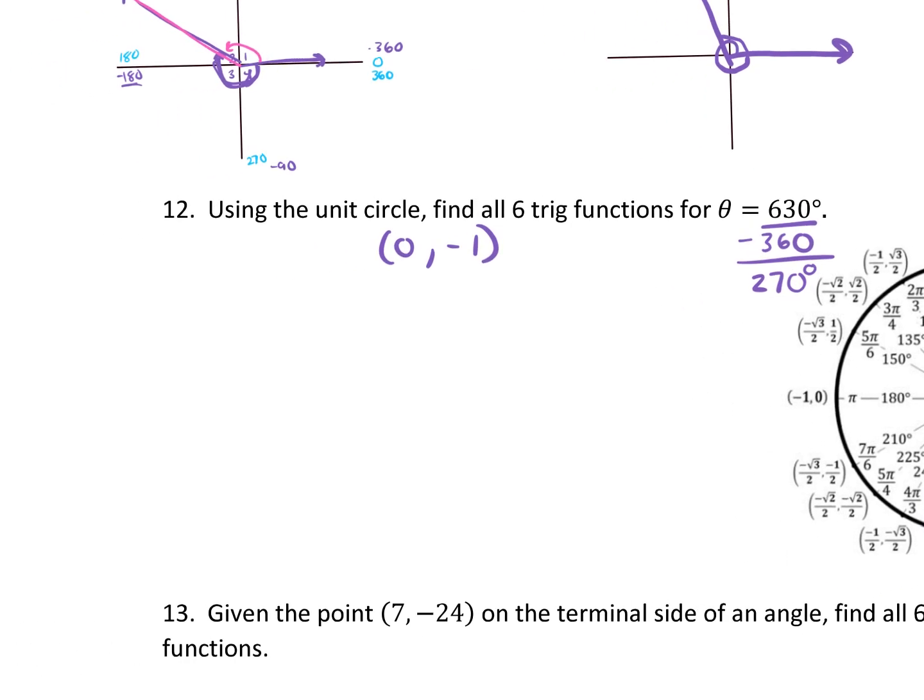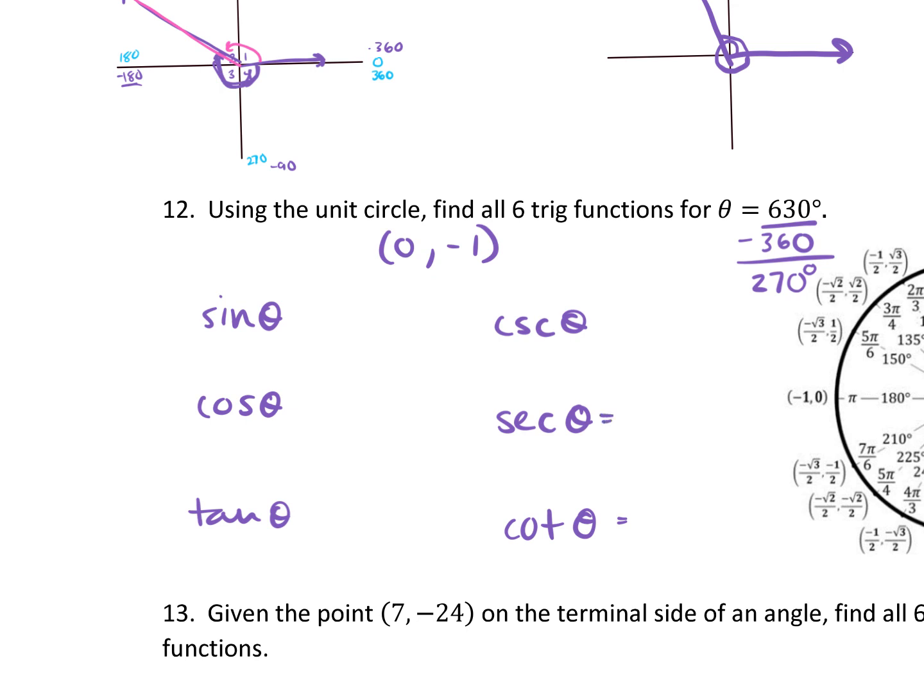So let's write our 6 trig functions. We have sine, cosine, tangent, cosecant, secant, cotangent. Now when we use the unit circle, we don't use r.